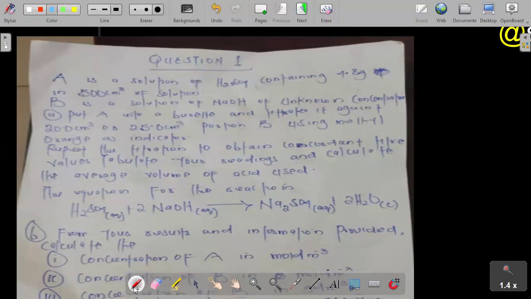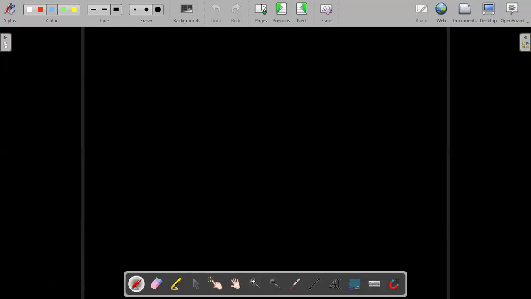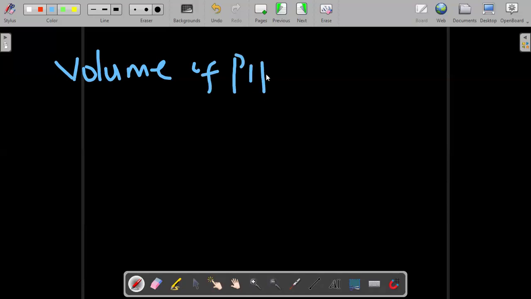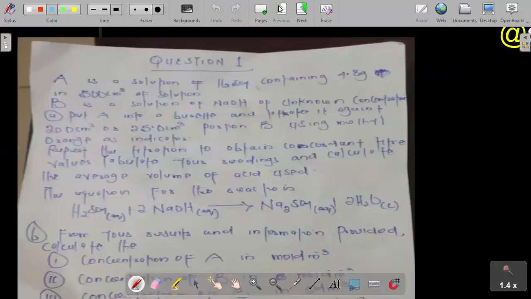So what I will do now, I will write, like I said, you must do this. If you don't do this, you are going to lose 3 marks. I will write volume of pipette used. If you go back to the question, you see there are two values there, 20 or 25. I told you we are using the 25.